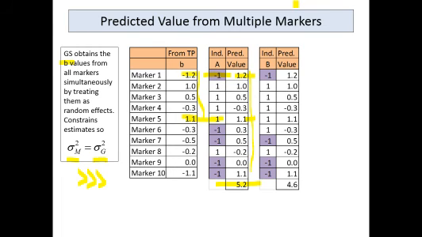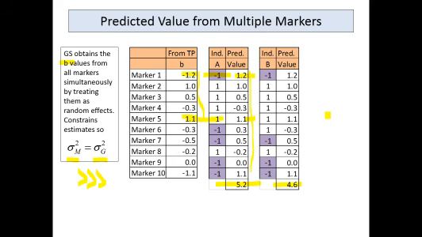We have its marker scores. We got the same values for the slope for each of those 10 markers. Do the multiplications, get the products, add them up, and the genomic estimated breeding value, the GEBV, of individual B would be 4.6.